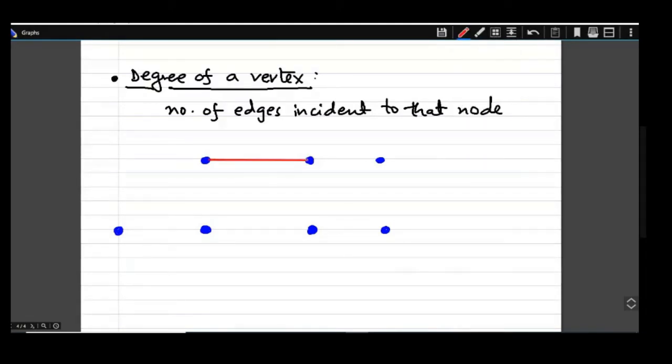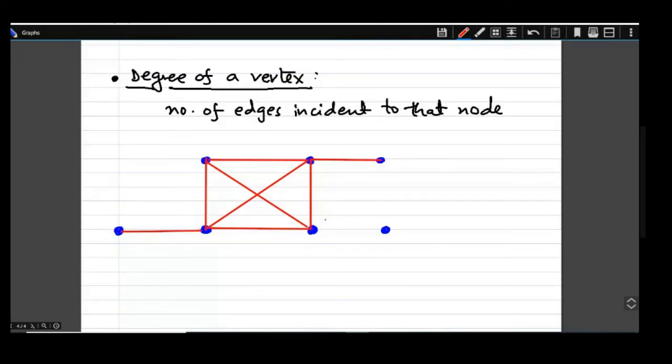Okay, and there is an edge between this and this, and this is connected to this. Okay, fine. And let us give some name to them. It's A, B, C, D. Let's say E, F, and G. Okay.